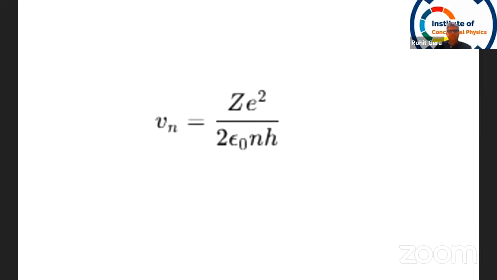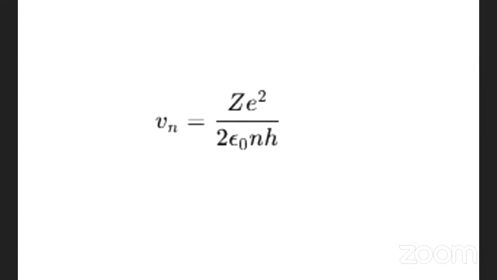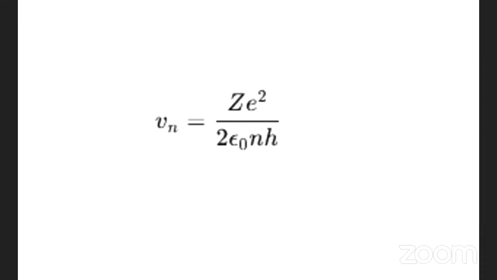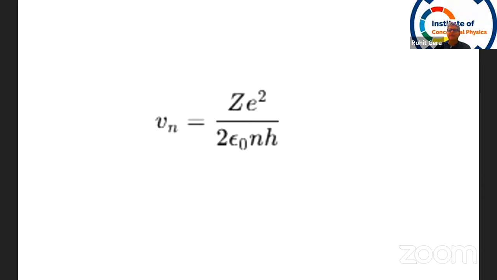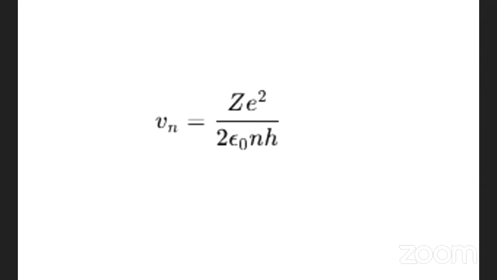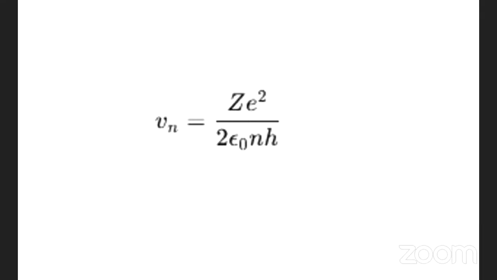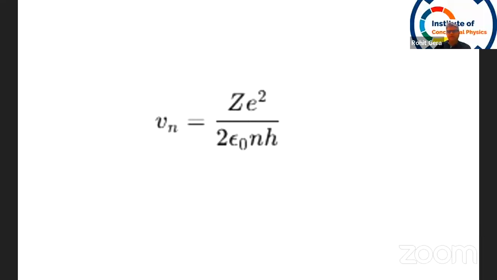Look at this: Z squared by nh. Got it? Okay. So the combination of angular momentum and centripetal force gives you very good results, radius and velocity in the nth orbit. Okay, now let's come to the derivation of the total energy. Let's do that.